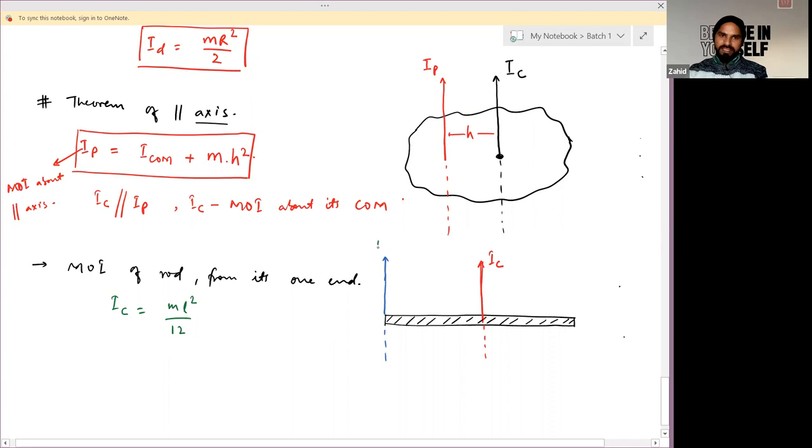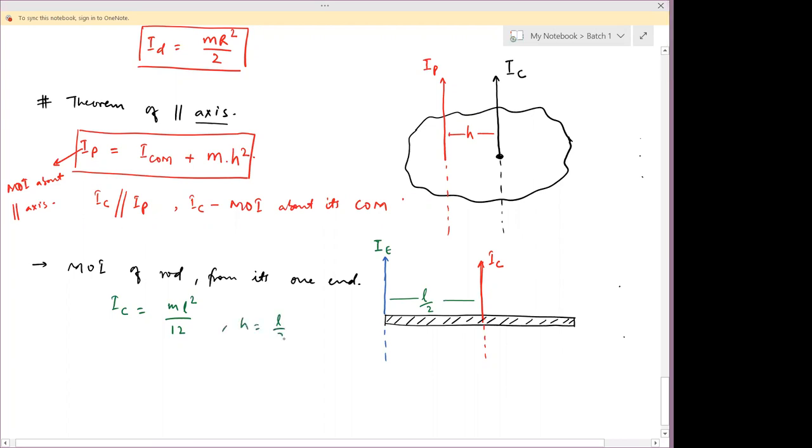And we have to find moment of inertia about its one end, let's say E. First define separation between two axes. Since IC is at midpoint, separation between two axes must be L by 2. Is it clear? Yes, sir.